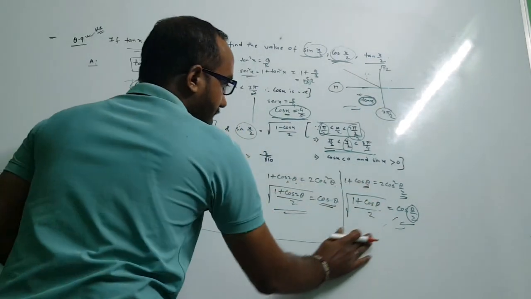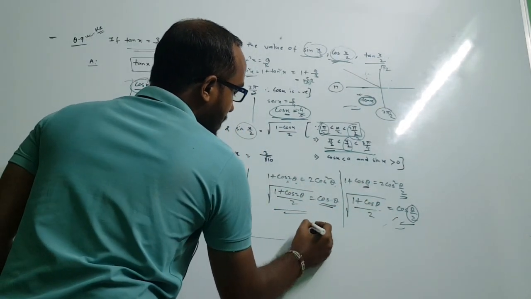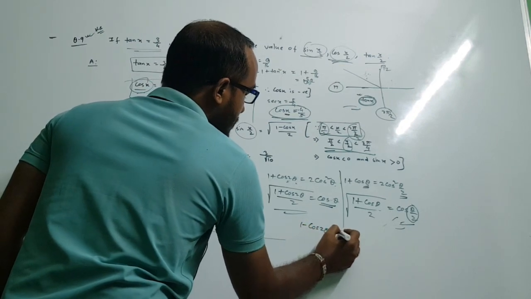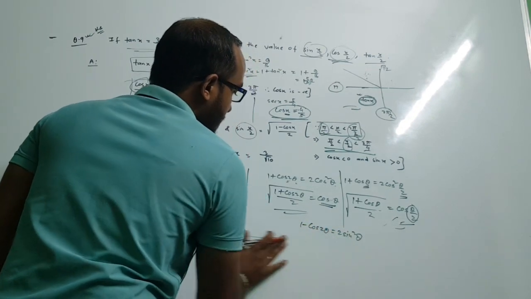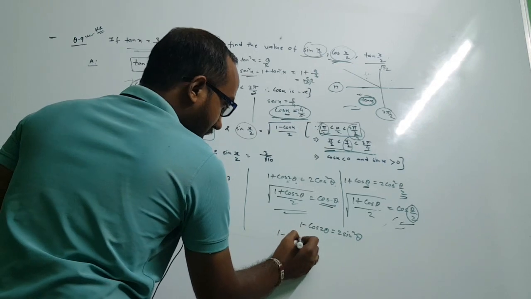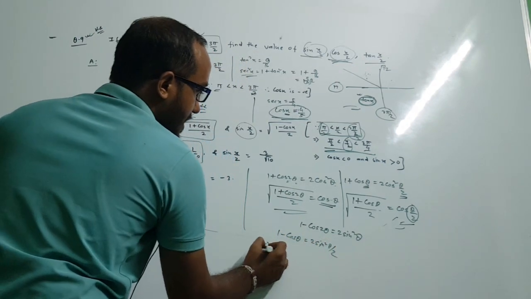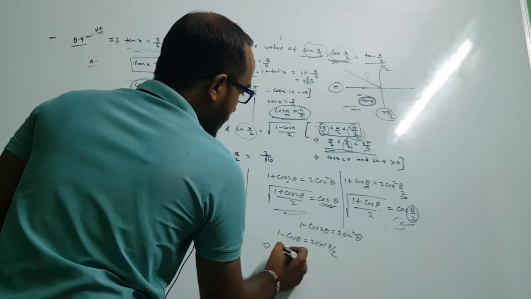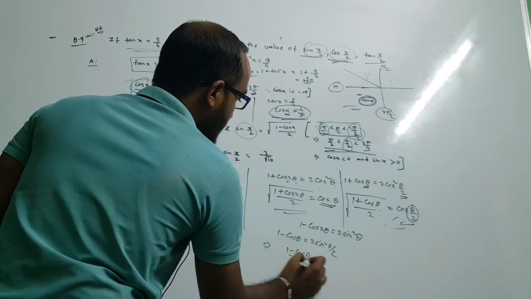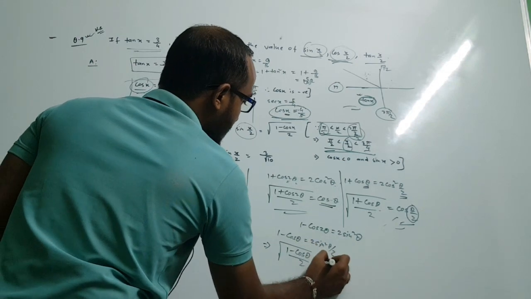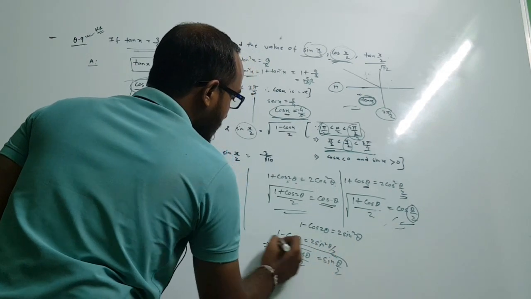So in the same manner, if you notice this formula, 1 minus cos 2 theta is 2 sin square theta, then 1 minus cos theta would be 2 sin square theta by 2. Divide by 2. So square root of 1 minus cos theta by 2, you will get sin theta by 2.